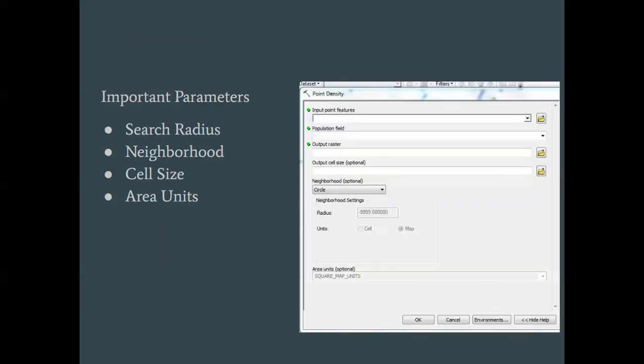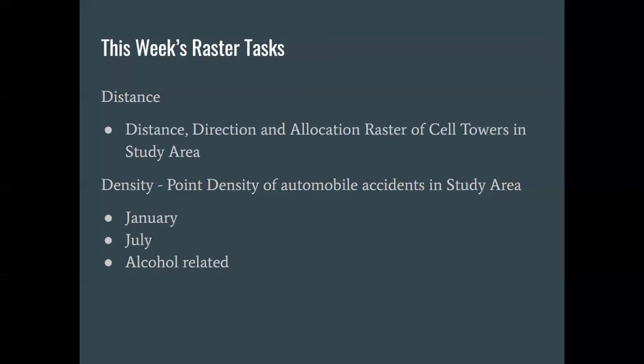And again, our tasks are going to be to use the point distance tool, and then we're going to be using the point density tool, and we'll be using that to answer some very basic questions. First of all, we have some cell towers in our study area. We're going to see what the distance is to them, and we're going to then get our distance, direction, and allocation rasters for that.